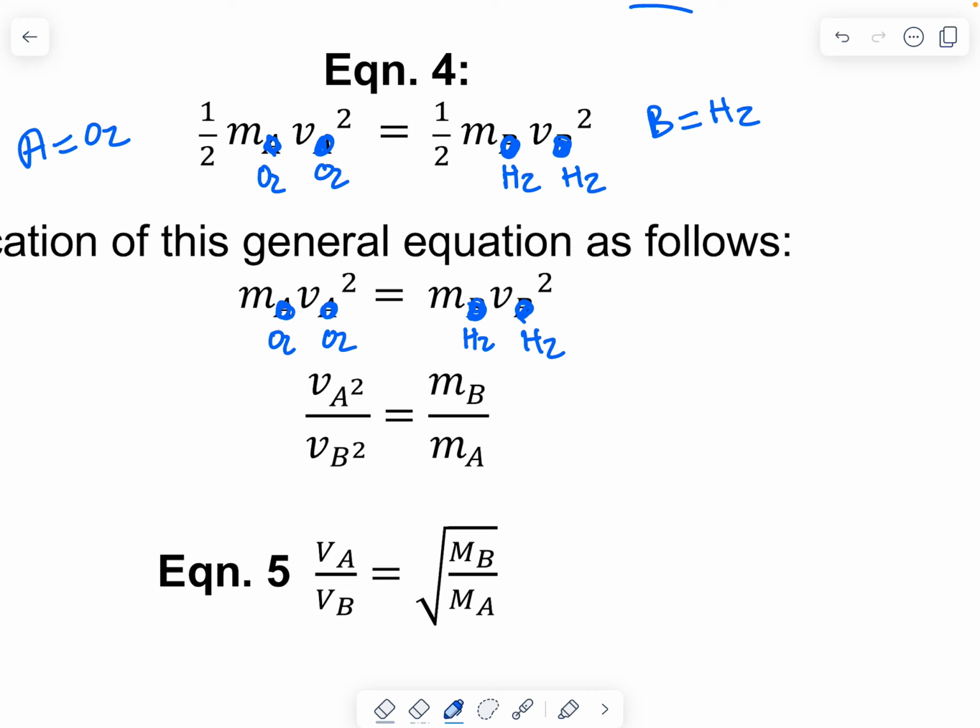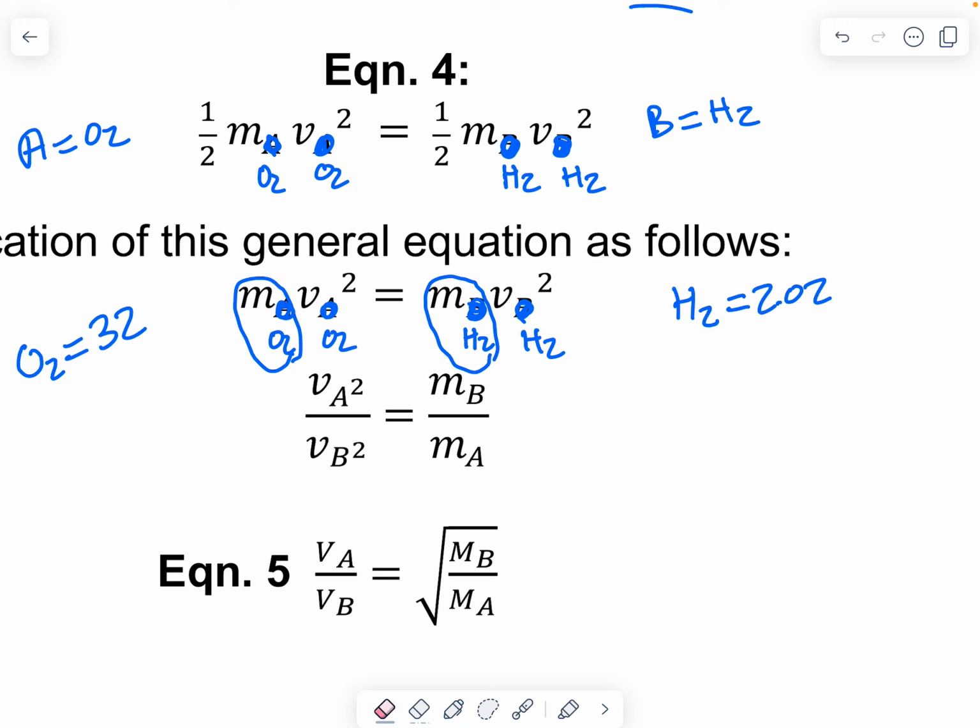And what you might notice here is these things are not equal, right? Oxygen has a mass of 32 atomic mass units, or 32 grams per mole. Hydrogen has a mass of 2.02 grams per mole, or 2.02 atomic mass units.